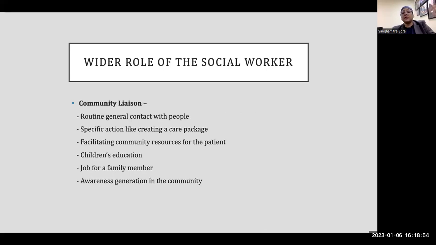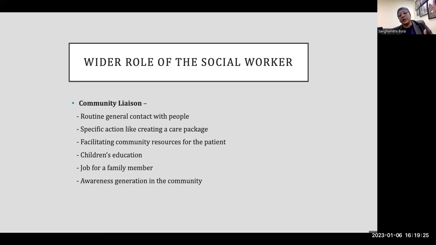Community liaison, as we already talked about, like routine general contact with people, creating a care package for patients, facilitating the resources that are already present in the community for that particular patient. You can see that happening very much in Kerala, because they have a neighborhood network of palliative care.